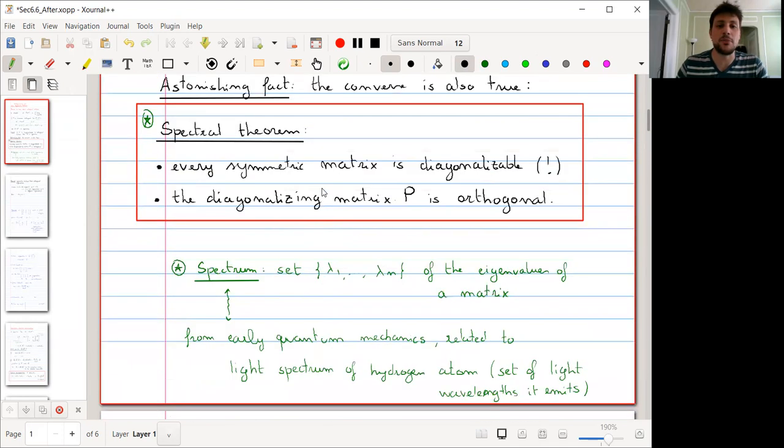It's implied in the theorem because the theorem tells you that the matrix P is orthogonal, but P is the matrix whose columns are eigenvectors of A. So in other words, what the theorem is saying here is that there is an orthonormal basis of eigenvectors of a symmetric matrix A. That's what it means to be diagonalizable with orthogonal matrices.